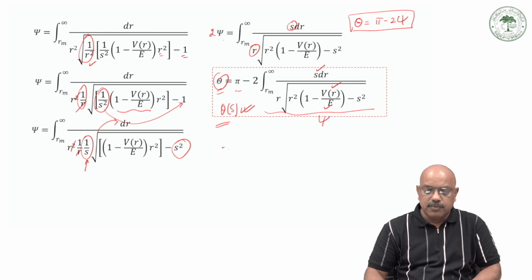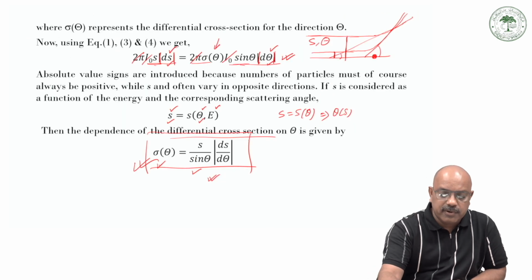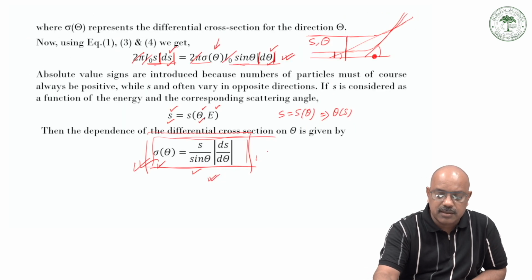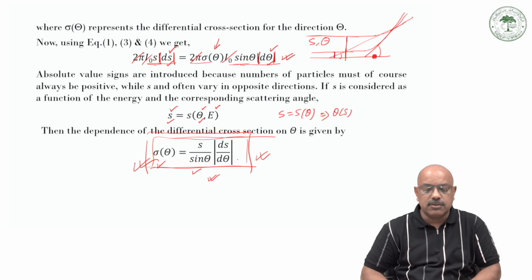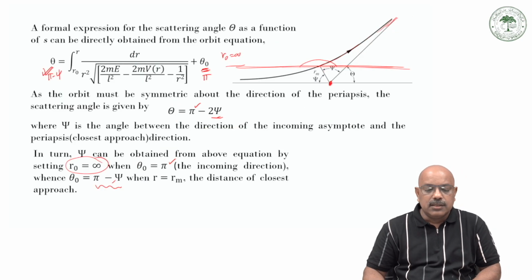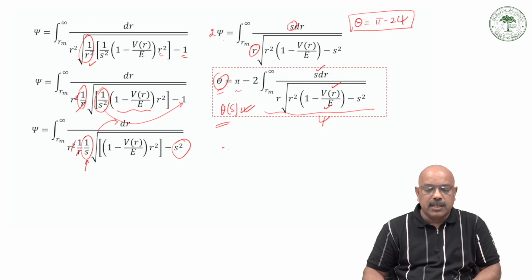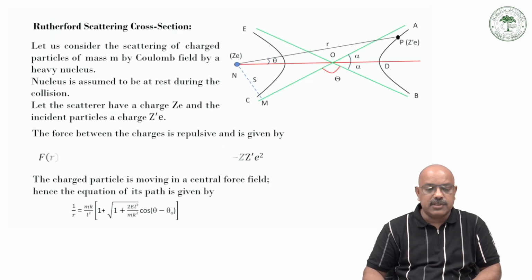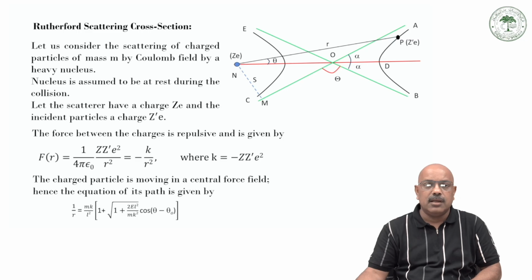So in Rutherford scattering we are going to use this sigma theta to calculate the Rutherford scattering cross section. I think I'll stop here, and in the next class we will start from this topic, the Rutherford scattering cross section. Thank you very much.